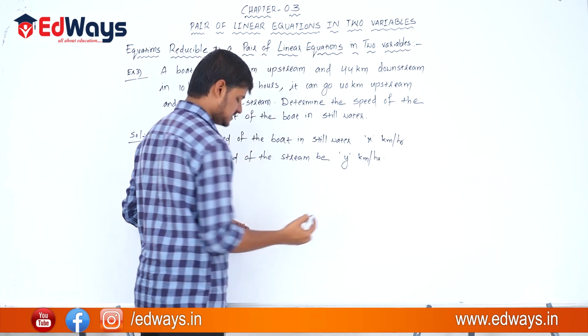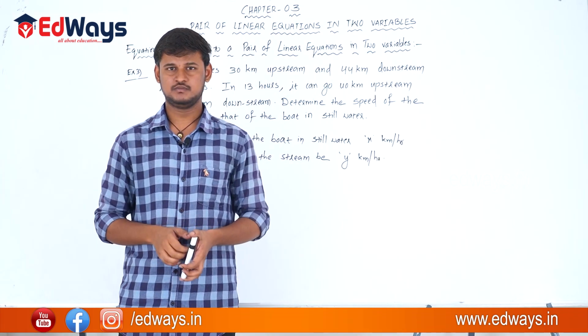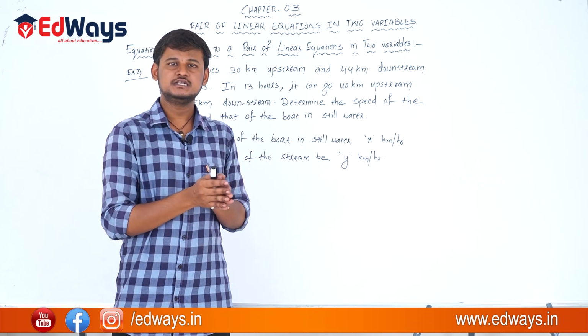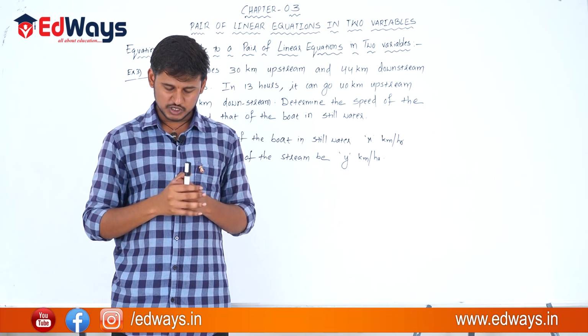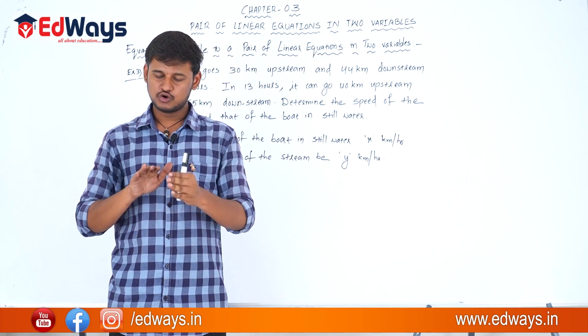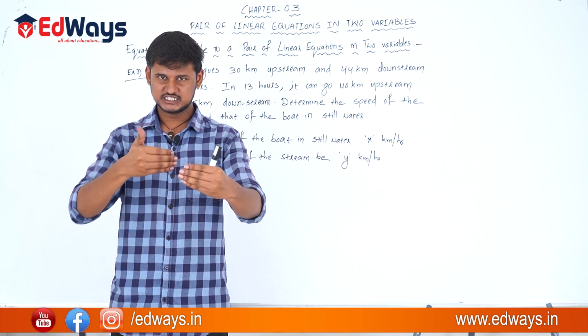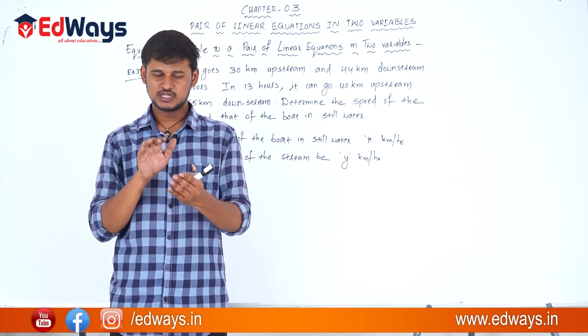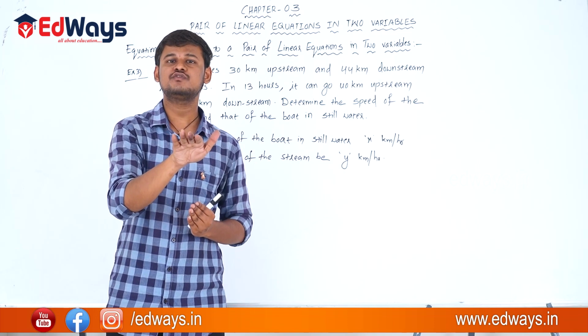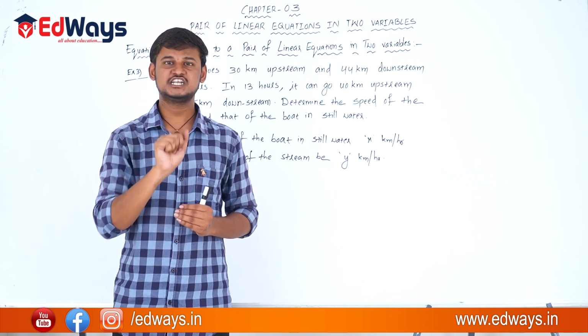So there are two cases, upstream and downstream. What happens to the speed when the boat travels upstream? The stream is flowing in this way and the boat is going against the stream's flow, so it has to overcome the speed of the stream.